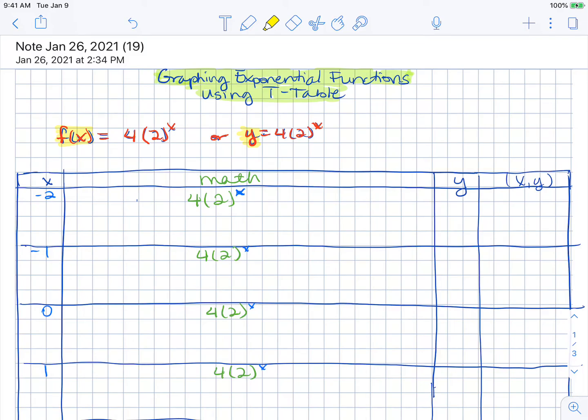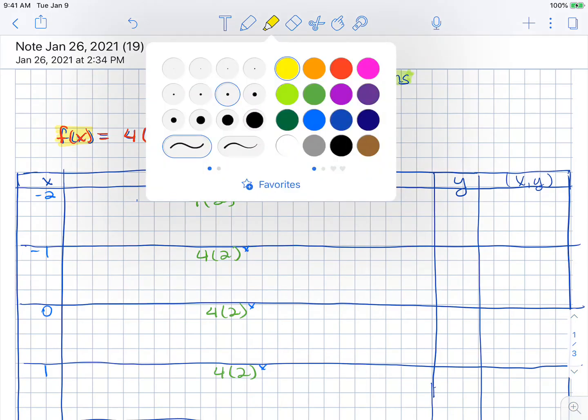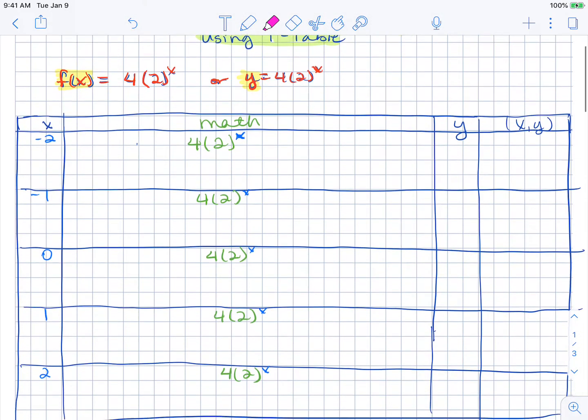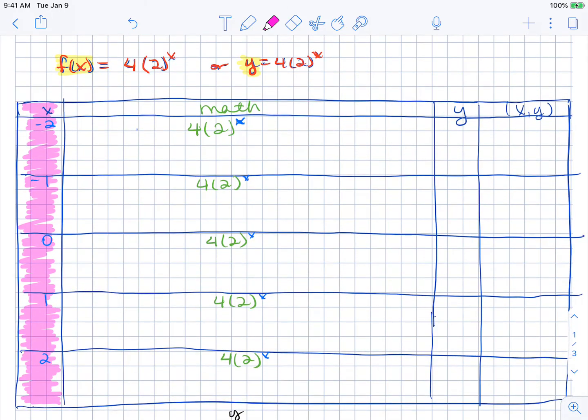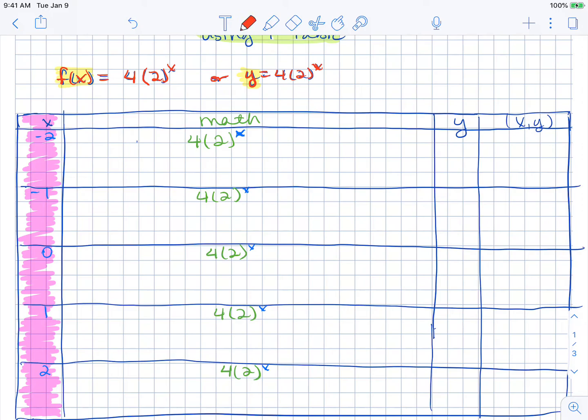Okay, we're going to build the t-table. I've already picked some values for my x, right through this table. These are my x values that I want to use, and I'm going to plug them into my equation.